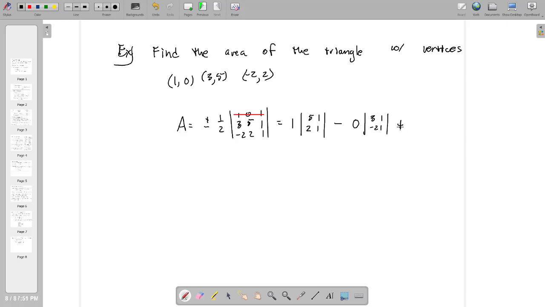And then again, plus the third element, and we cross out the third column here. So the remaining matrix will be 3, 5, negative 2, 2, and the element that's crossed out twice is 1. So it'll be 1 times the determinant of 3, 5, negative 2, 2.